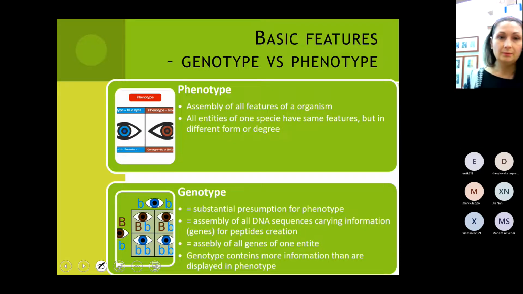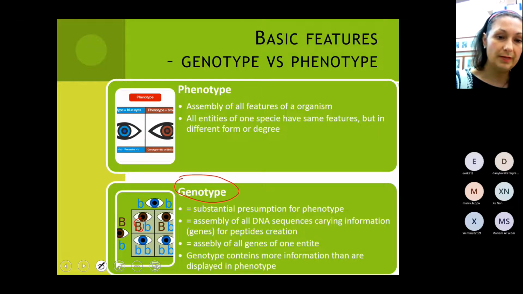Here, as an example, you can see the genotype first, the one at the bottom. For blue and brown eyes, we always have two genes, or two alleles, for the color of eyes. One of them is dominant. In this case the big B is dominant for brown eyes, and the small b is a recessive allele.